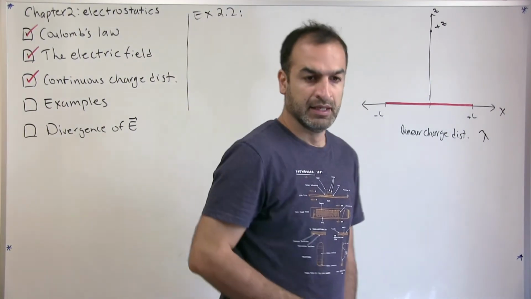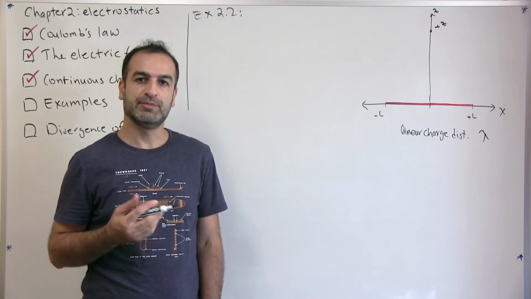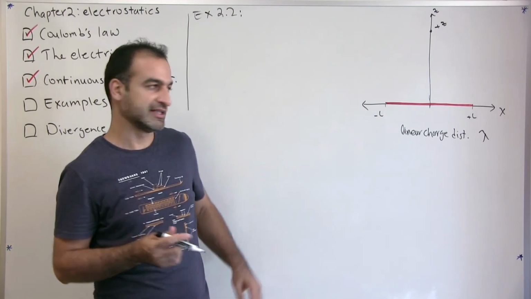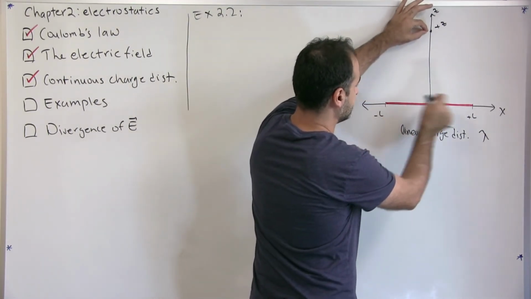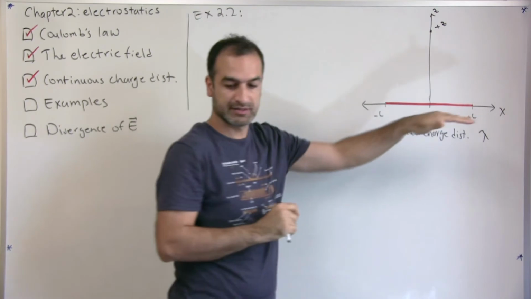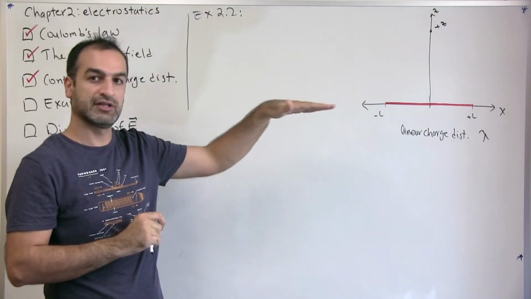So how do you calculate your electric field? It's not a point charge, right? It's not a point charge where you can calculate one force, one field line, and add it to the next field line. It's a continuous linear charge distribution.